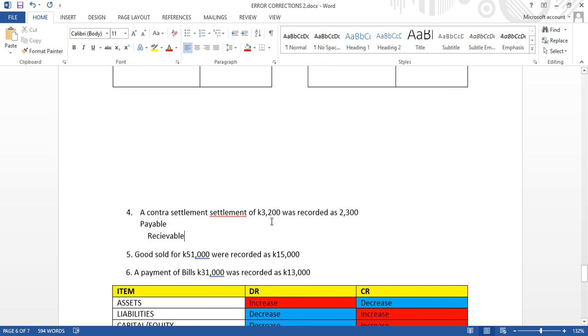Now, in this case, the contra settlement was supposed to be 3,200, but it was recorded as 2,300, meaning it has been undercast.